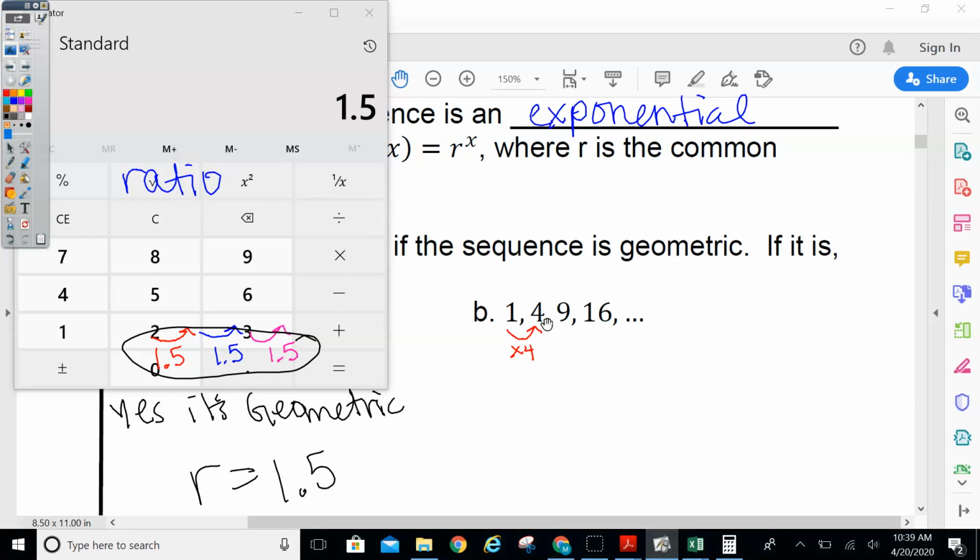But I don't know what you multiply 4 by to get 9. So right there, that's kind of telling you it's not geometric, but to figure out for sure, you do 9 divided by 4. So the next one, from here to here, is 2.25.